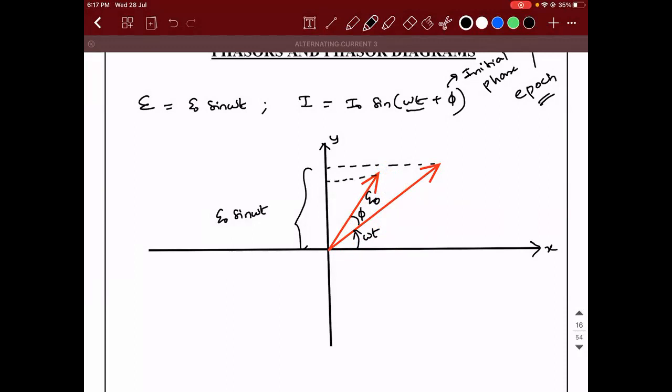If I drop a perpendicular onto the y-axis, this distance is going to be I naught sine omega t. Guys, are you able to understand? So this is the phasor diagram example, because we are representing both the sinusoidally varying functions along with the phase angle between them.